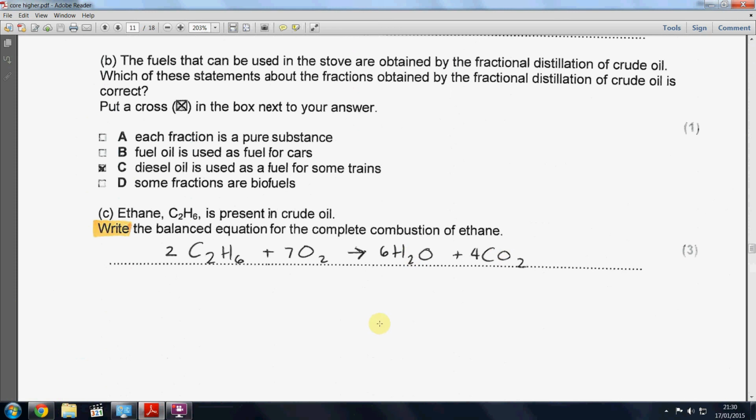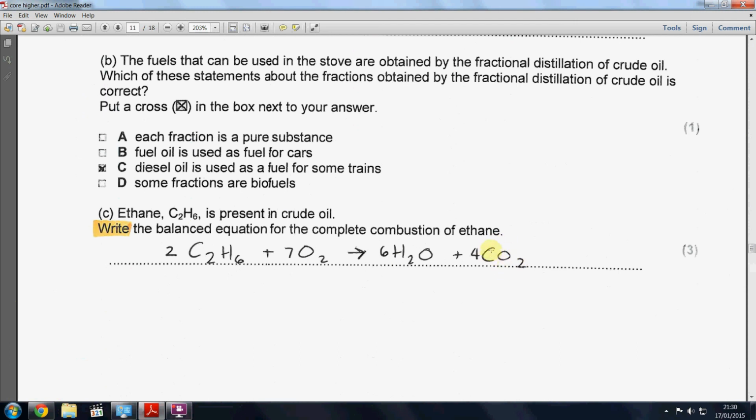Only the 3rd mark of these 3 is for balancing the equation, and balancing is a bit of trial and error. You've got to get a situation where you've got the same amount of each element on one side of the equation as the other. So let's just have a quick look at the carbon and see if that works. On the left hand side here, I've got C2H6, so I've got 2 carbons in every molecule of ethane. On the right hand side, I've got CO2.